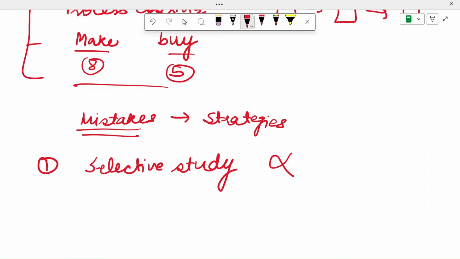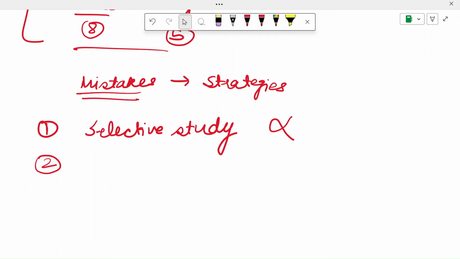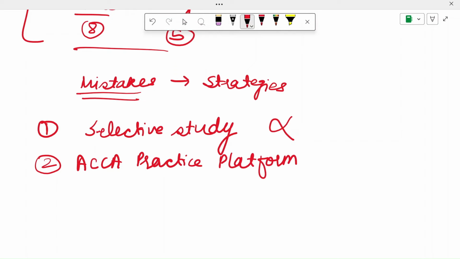Selective study will never be sufficient for you to get the hang of the syllabus, to get the hang of how questions are to be done and everything. Now, coming to the next thing, the second mistake that students make: you have to solve Section C questions at least on the ACCA practice platform. Why I'm saying this is that, on the ACCA practice platform, the Excel spreadsheet functionality is a little different.